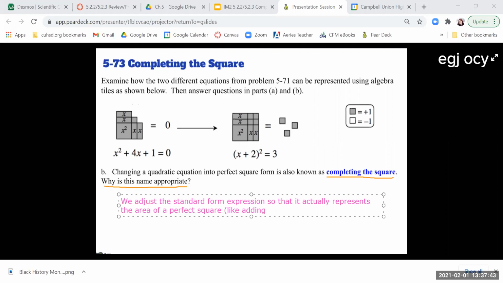Adding the tiles. Okay, so like adding the tiles above. We looked at this diagram and we're like, oh, we just need 1, 2, 3 more little cubes. And that makes this whole thing a perfect square. That's what we had to do. We're making it into a square, hence completing the square.